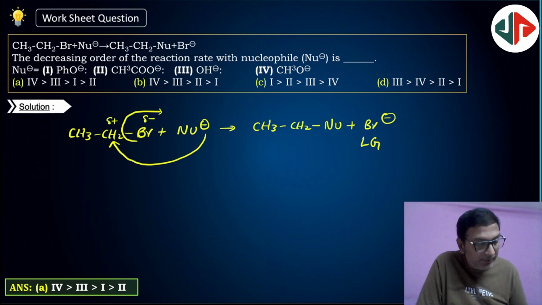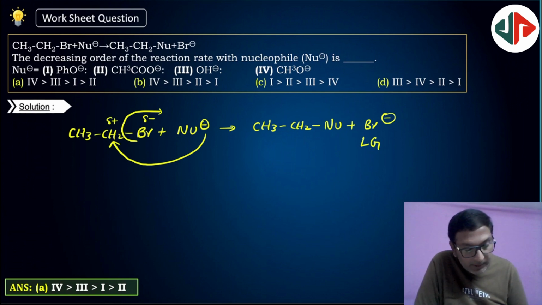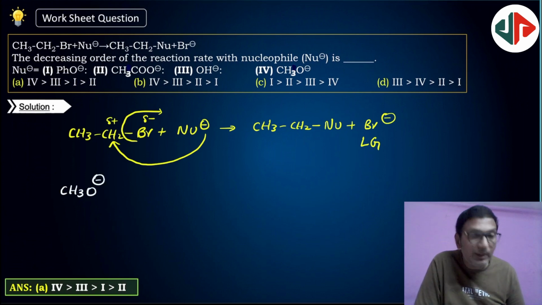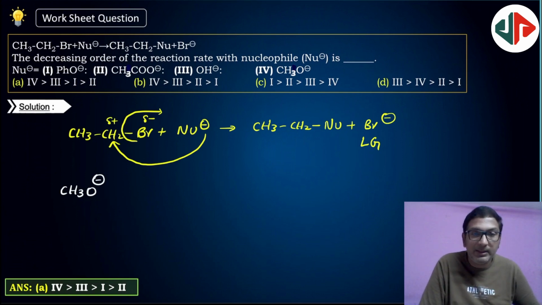So which nucleophile attacks easily? Here one small CH3 should be there, here CH3, here also CH3. So the nucleophilicity order will be given by first CH3O minus, the best nucleophile, due to more amount of charge on oxygen.